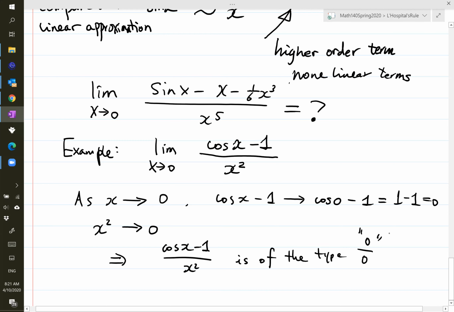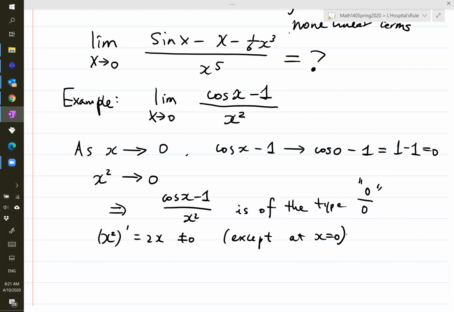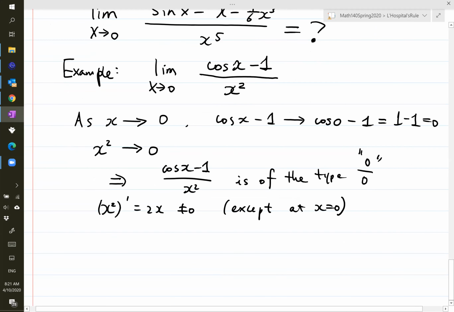And the derivative of the denominator, 2x, does not vanish near 0 except at x equals 0. So the conditions of L'Hopital's rule apply, and we can apply it.